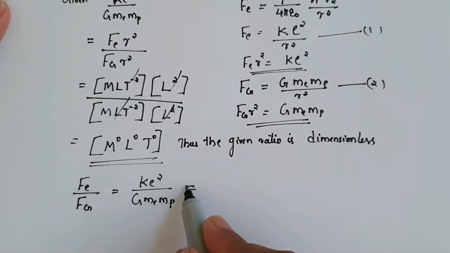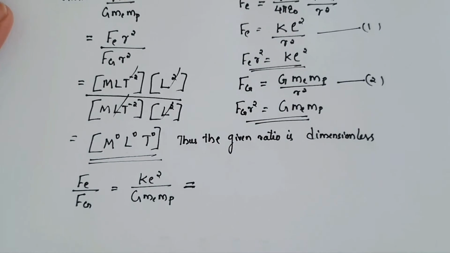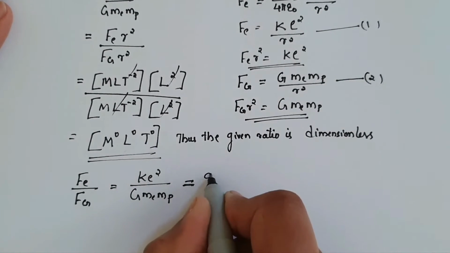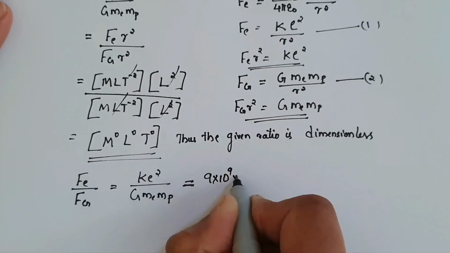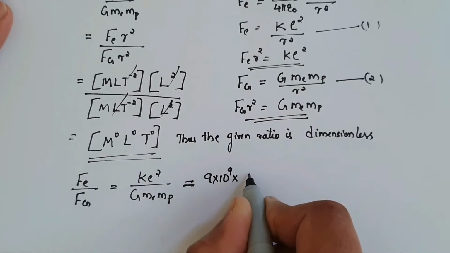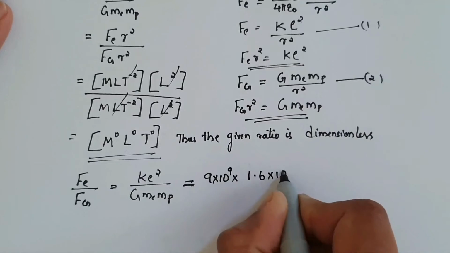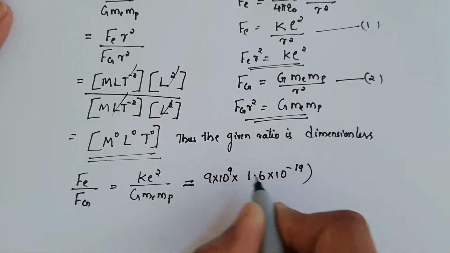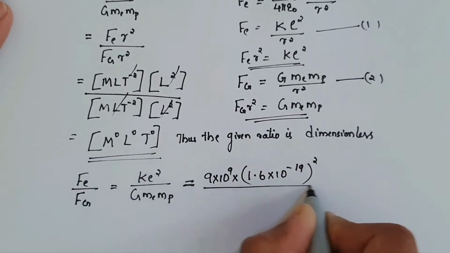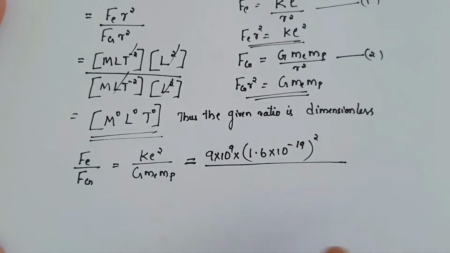This is equal to, now substitute the values. What is K? It is 9 into 10 raised to 9. E is the charge of an electron or proton, that is (1.6 into 10 raised to minus 19) whole square, all divided by, what is G?